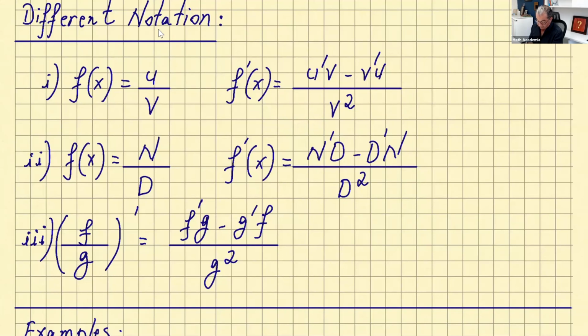Or the derivative of f over g is f prime times g minus g prime times f over g squared. So whichever one helps you to remember this easier and faster.